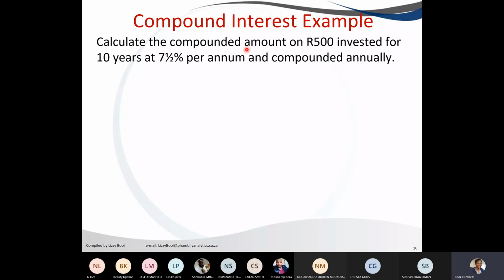Since we know the formula, we can go to the question and find out what we are given. In the question, they give us 500, which is our present value, which is invested for 10 years, which is our T. Remember our T, it will be T times the compounding period.